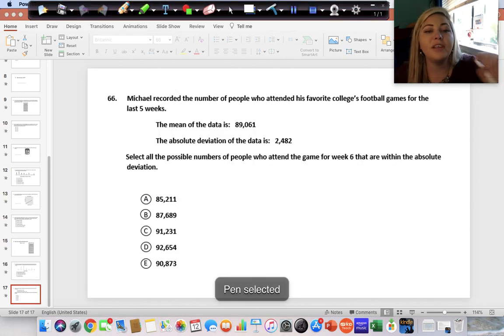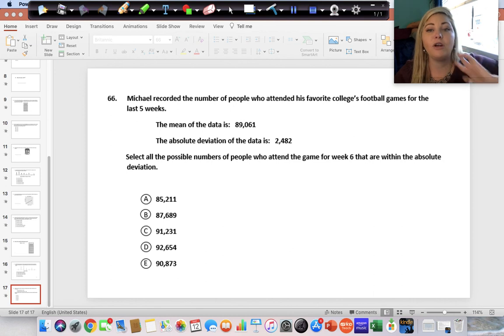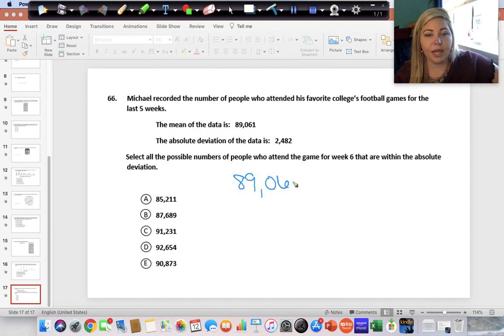Michael recorded the number of people who attended his favorite college's football games for the last 5 weeks. The mean of the data is 89,061. The absolute deviation of the data is 2,482. Select all of the possible numbers of people who attended the game for week 6 that are within the absolute deviation. So what we need to do is, it sounds really complicated, but it's not.